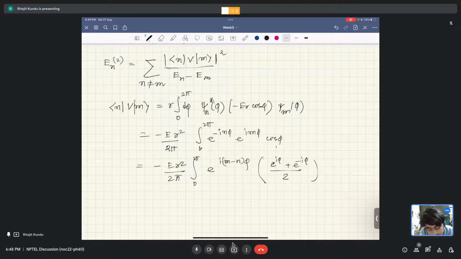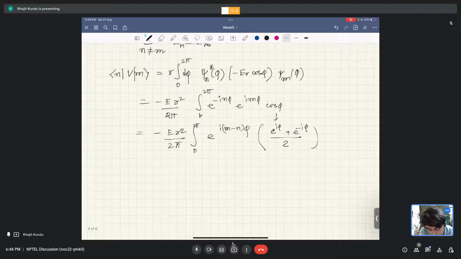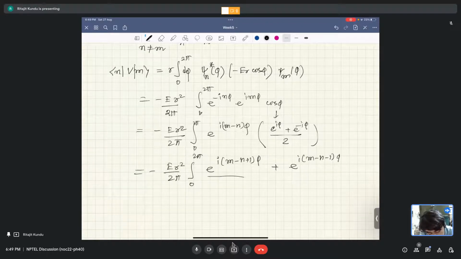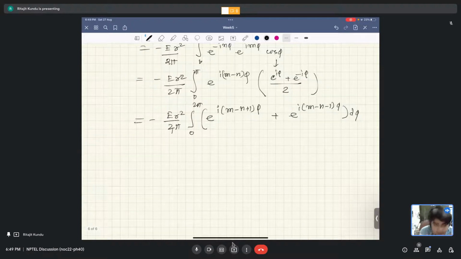So then there are only two terms: integral from 0 to 2 pi of e to the power i m minus n plus 1 phi plus e to the power i m minus n minus 1 phi, and I will take the 2 outside. This is the integration we now have to do. Any idea what this integration will be? Anybody?